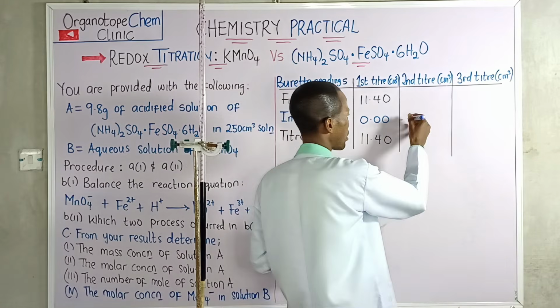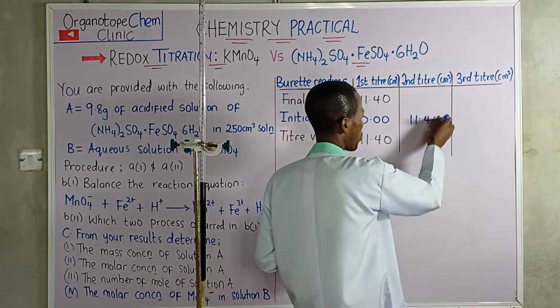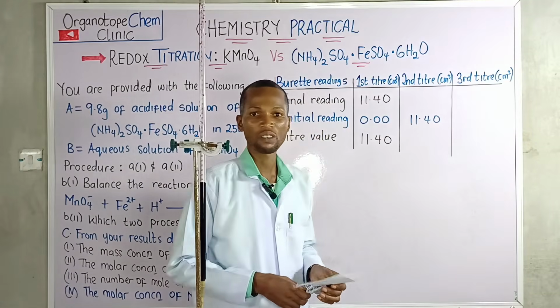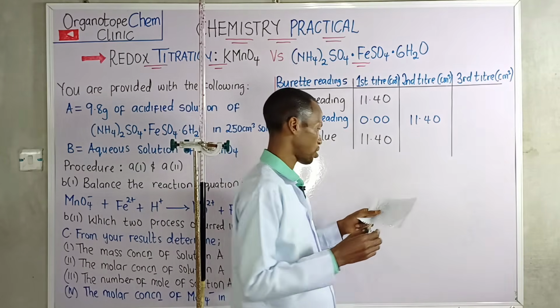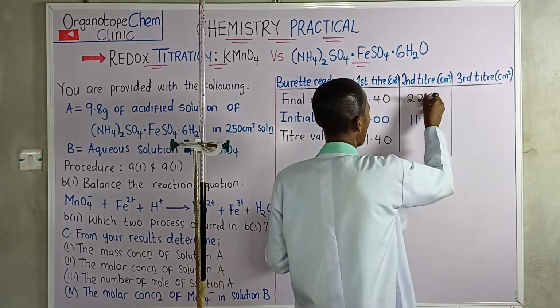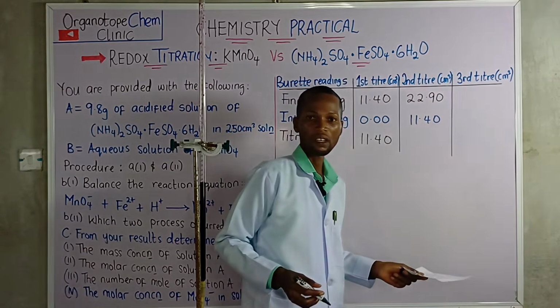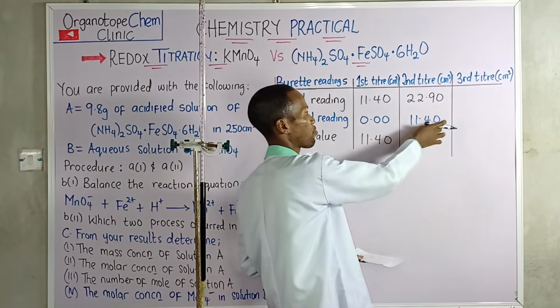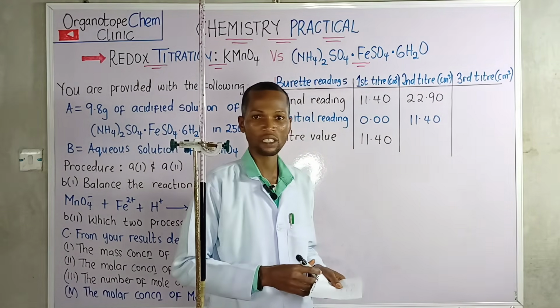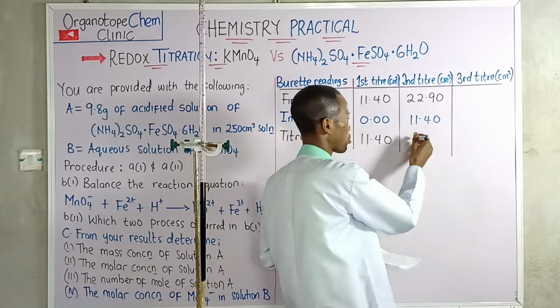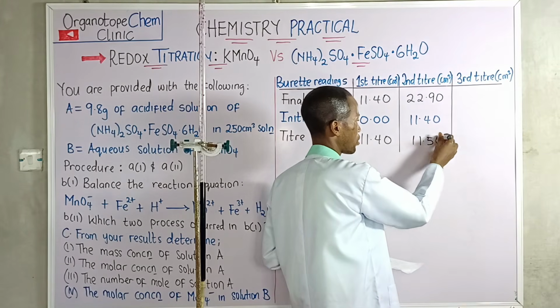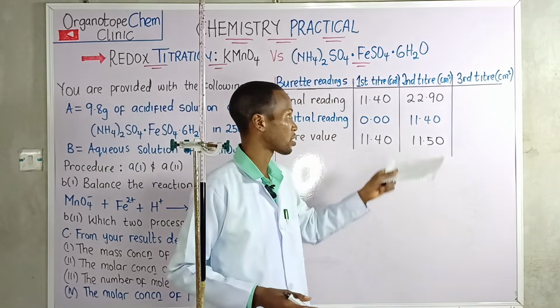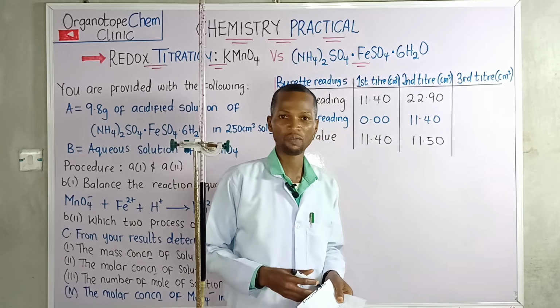So the initial is 11.40. So the final burette reading for the second titration is 22.90. Okay, by the time we subtract 11.40 from 22.90, what do we have? That's right, we have 11.50. So the titre value for the second titration is 11.50.